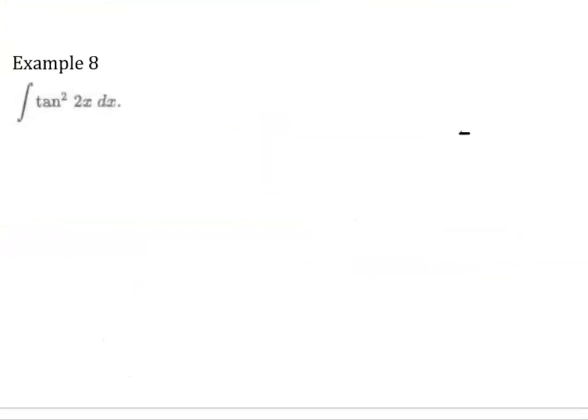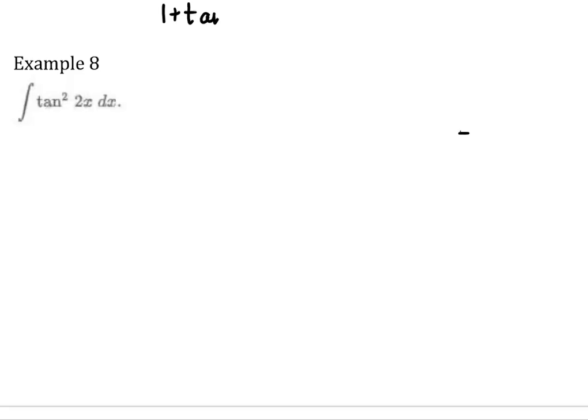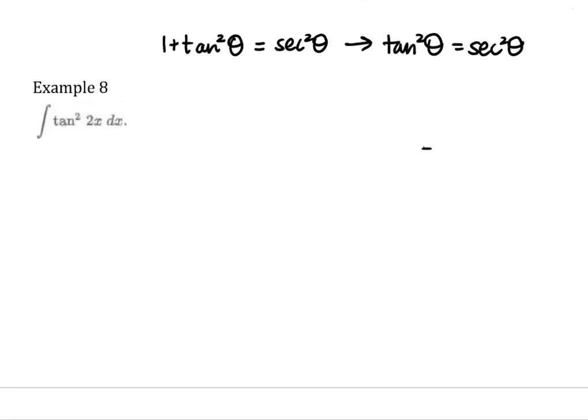So what we're going to do is apply a Pythagorean identity. We're most used to seeing that 1 plus tan squared theta is equal to secant squared theta. So I can manipulate that rule to tell me that tan squared theta is equal to secant squared theta minus 1.